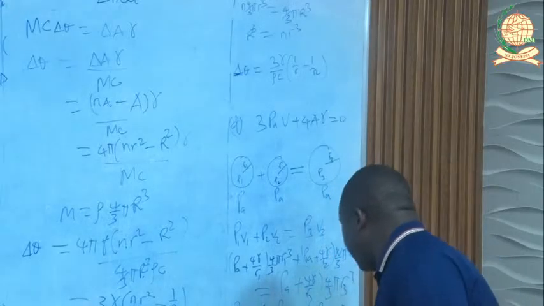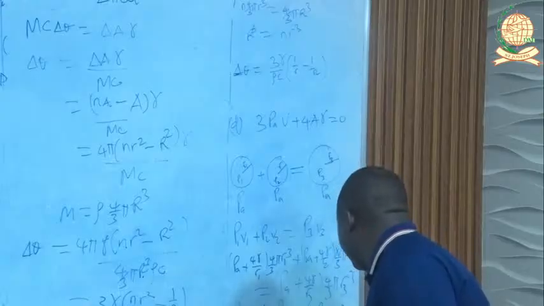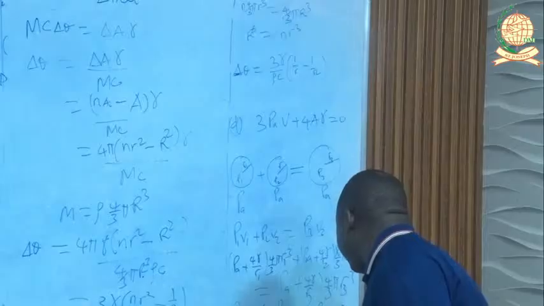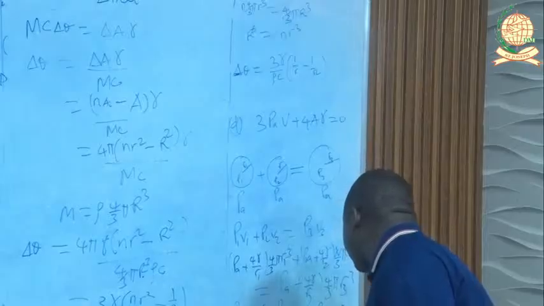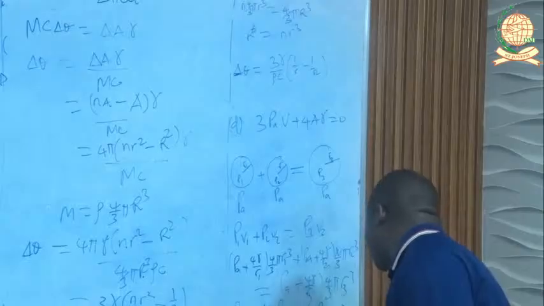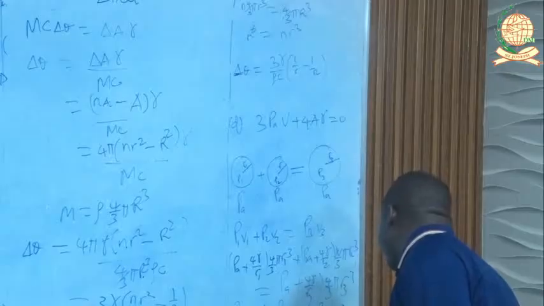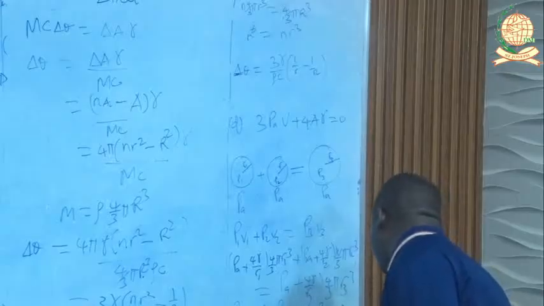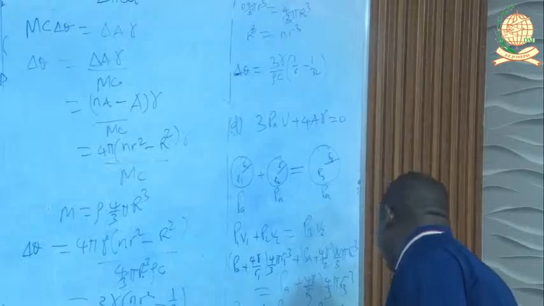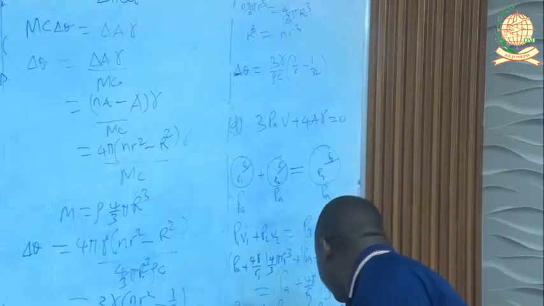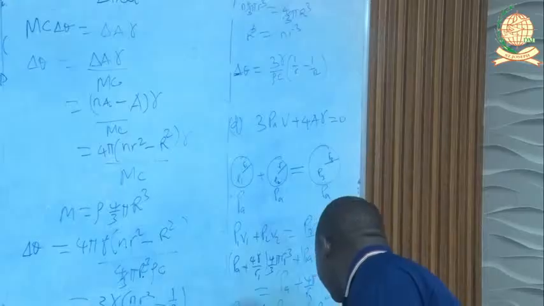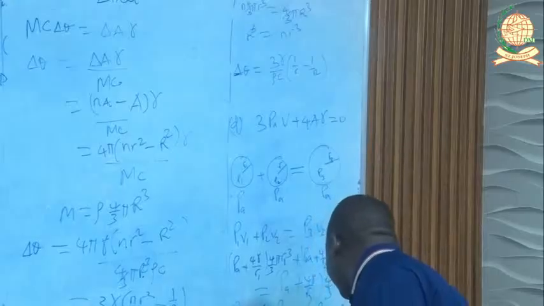R and R are remaining with this is the 4 pi R3 square minus 4 over 3 gamma 4 pi R1 square, then minus 4 over 3 gamma times 4 pi R2 square.